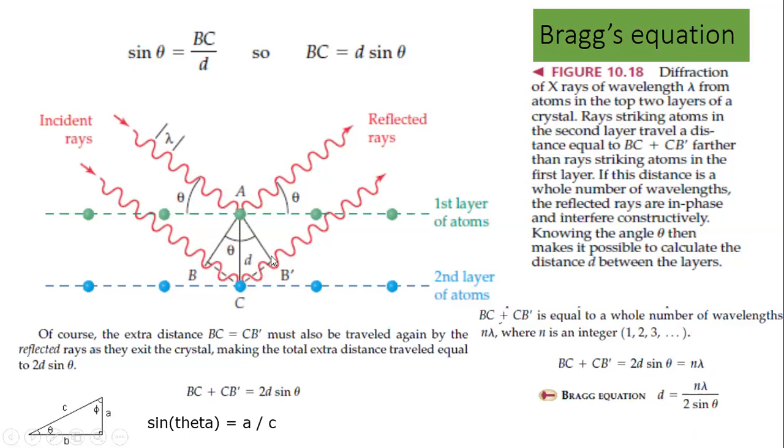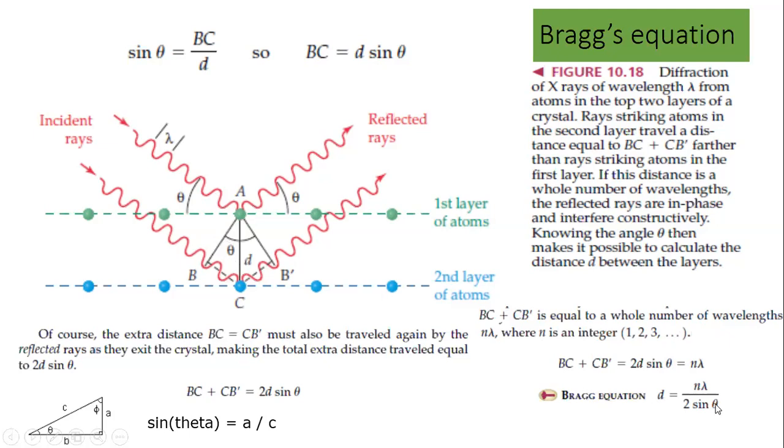D is the d-spacing, or spacing, meaning the distance between the two layers, between the first layer and the second layer. You can calculate the distance between the two layers by using this equation, and this equation is called the Bragg equation. n is an integer, lambda is the wavelength of the X-rays, 2 is a constant, sine is the trigonometric function, and theta is the angle as we have solved over here.